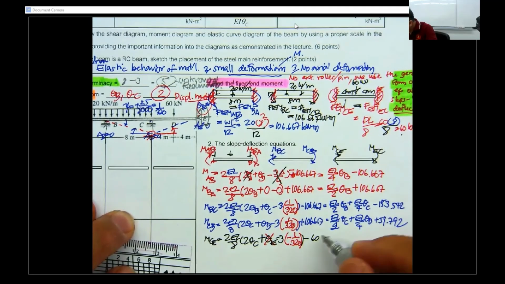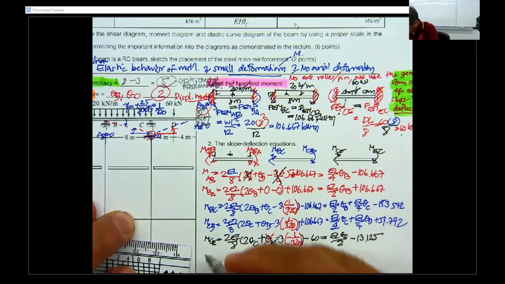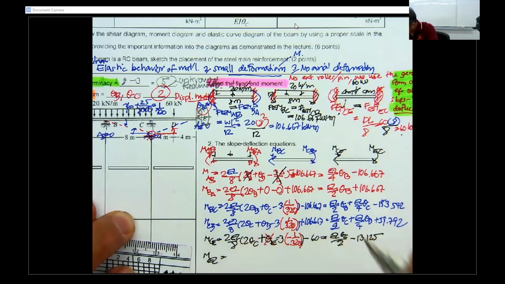And then you get this one to be 4EI theta sub C over 8, EI theta sub C over 2, and this is 0, right? Then you just times this one, going to be positive and minus 60. That is going to be minus 13.125.